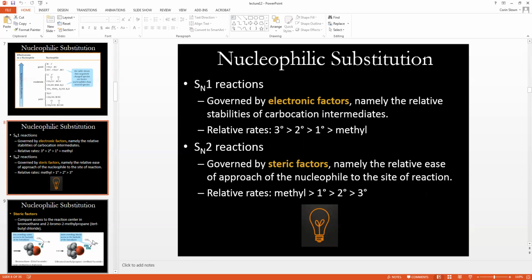So SN1 reactions are always better for tertiary or secondary compounds and very poor for primary and methyl compounds. The opposite is true for SN2 reactions. They're governed by steric factors, that is the relative ease of approach of the nucleophile to the site of the reaction. And their relative rates go in the opposite direction. So methyl, primary, secondary are far more reactive than tertiary compounds.